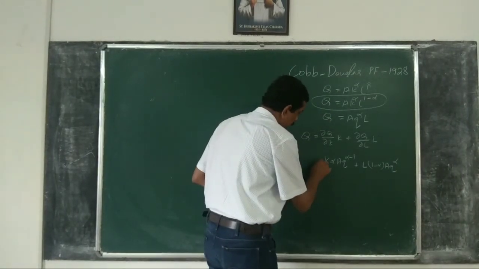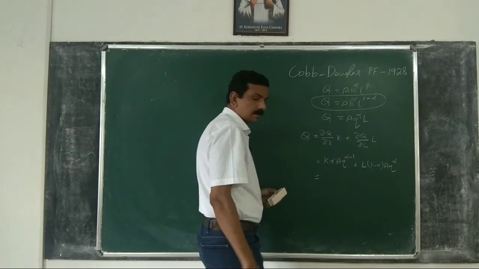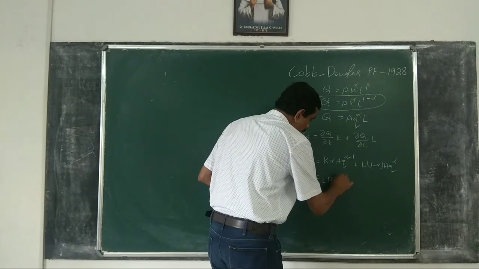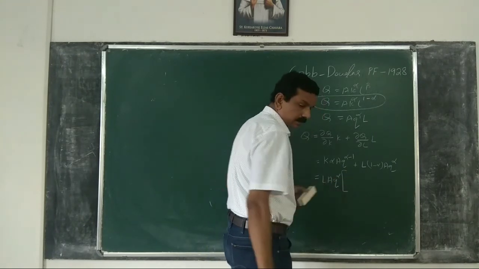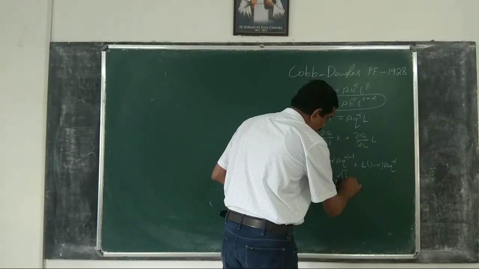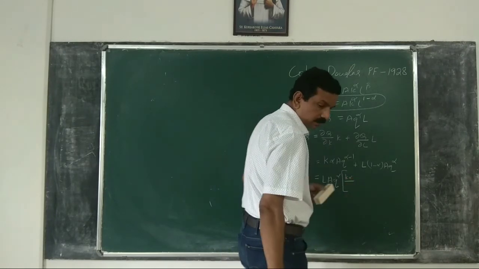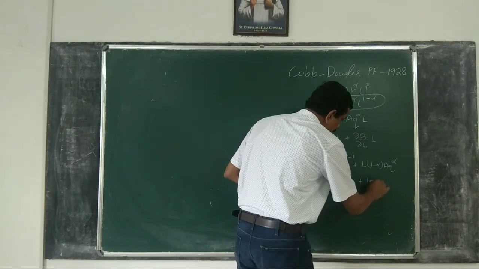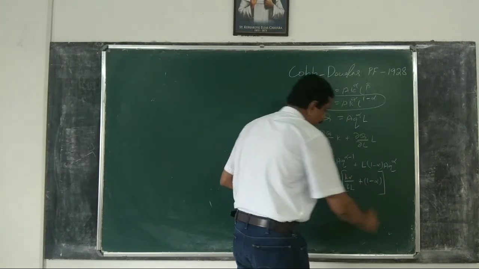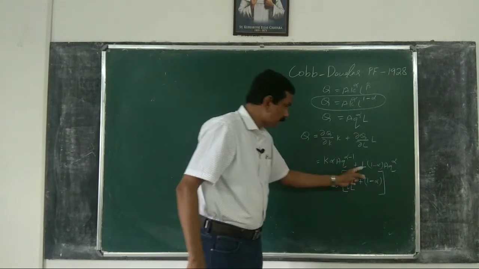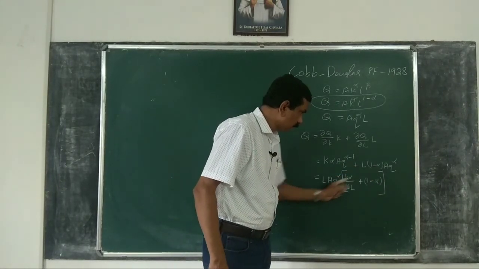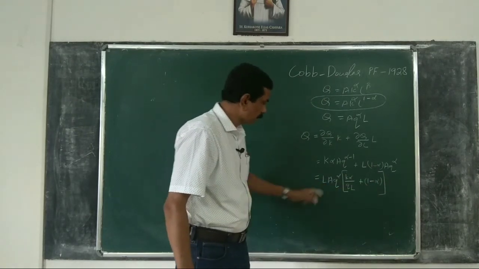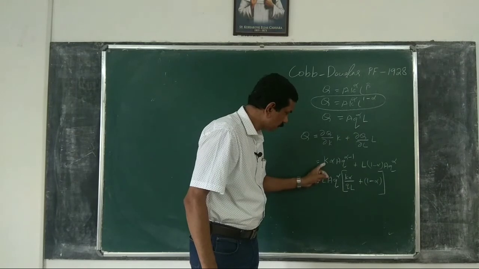This can be written as L A Q raised to alpha into K alpha by QL plus 1 minus alpha. L A Q raised to alpha is taken out. What remains here is 1 minus alpha. If you expand this, you will get it.